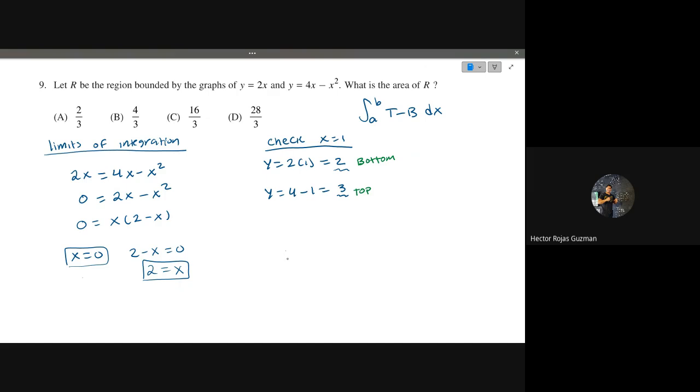So the area, the integral from 0 to 2 of the top function minus the bottom function dx, equals the integral from 0 to 2 of 2x minus x squared dx.